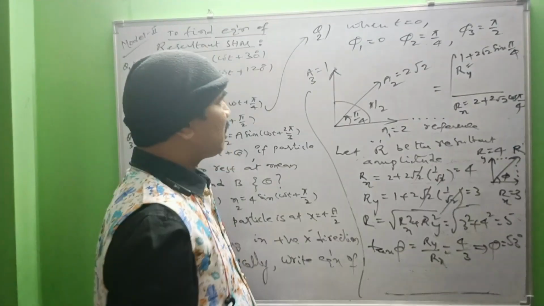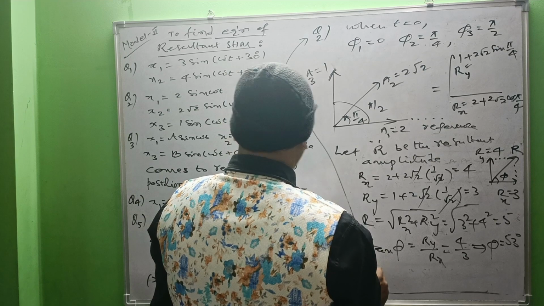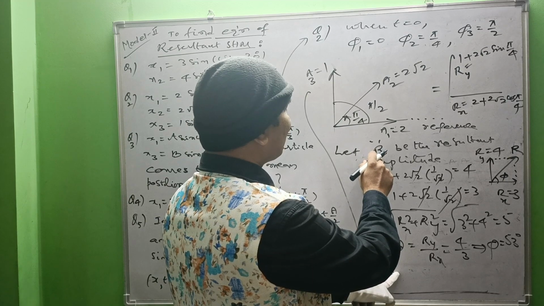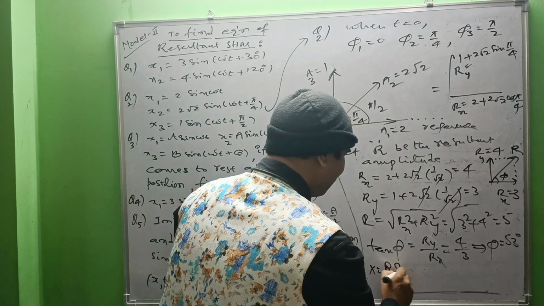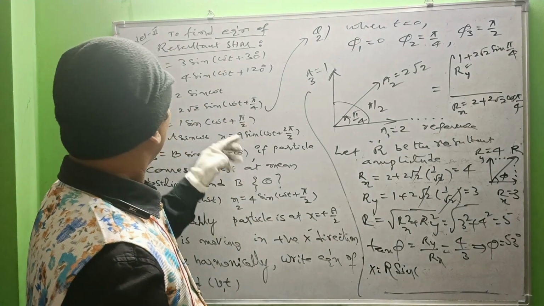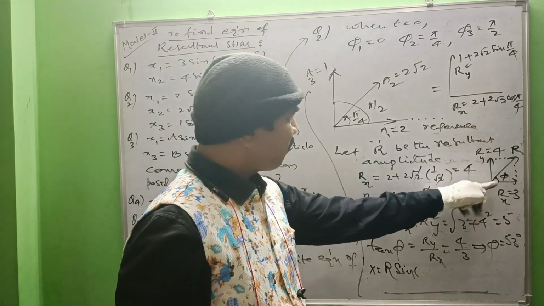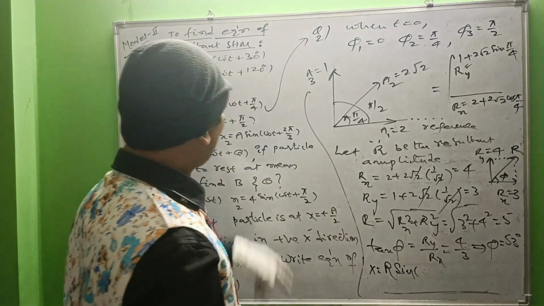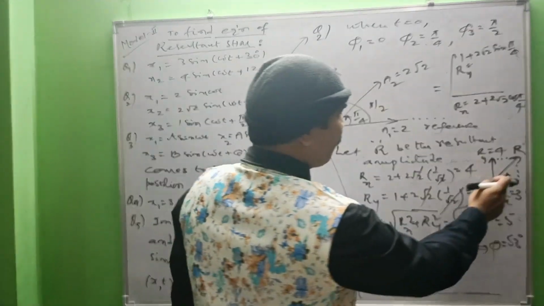Now what is the general expression? The resulting expression is x equal to A sin omega t, or otherwise R, because we took the resultant as R. So replace A by R. R sin omega t. See here, what is the reference line? The x-axis. What is the direction of the resultant amplitude with the reference line? Phi. So x equal to R sin of omega t plus phi.